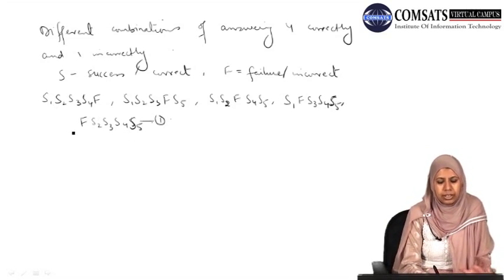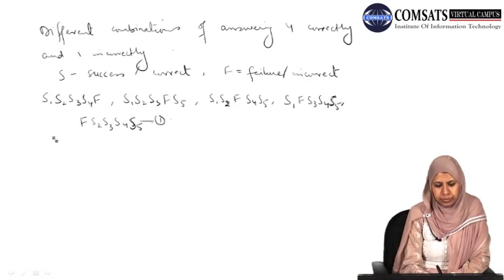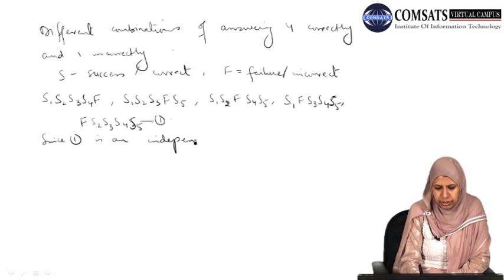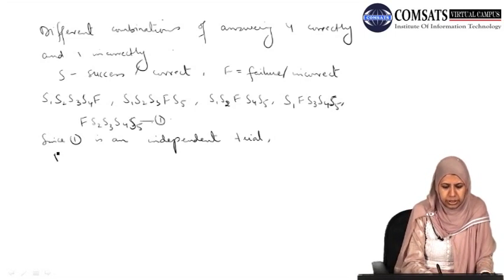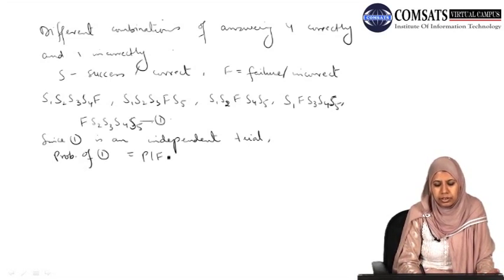Then, since we are considering independent trials, the probability of this will be equal to the joint probability of all the events, which is S2 intersection S3 intersection S4 intersection S5.